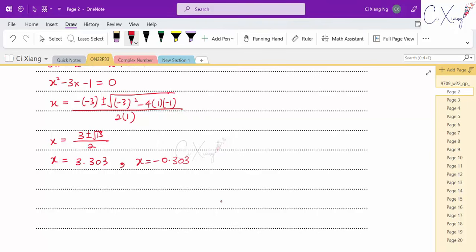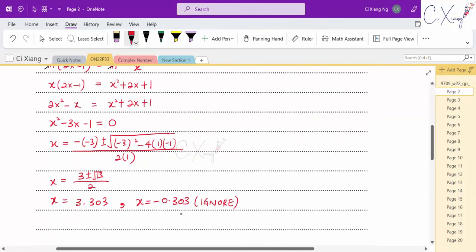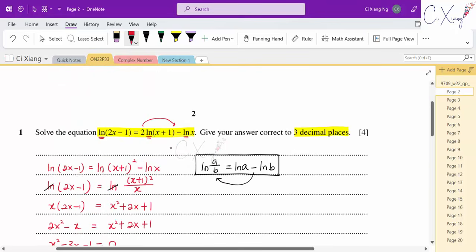And then for this answer, I have to ignore the value where x equals negative 0.303. So do you know why we need to ignore it? Before you decide the final answer, you have to check the original question.